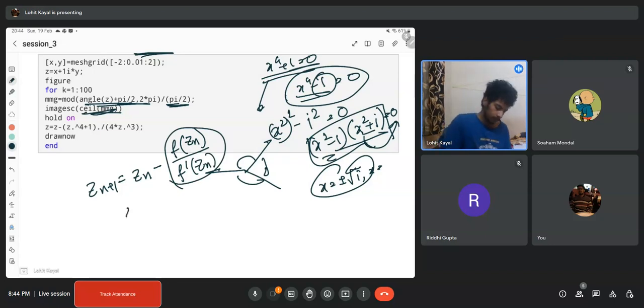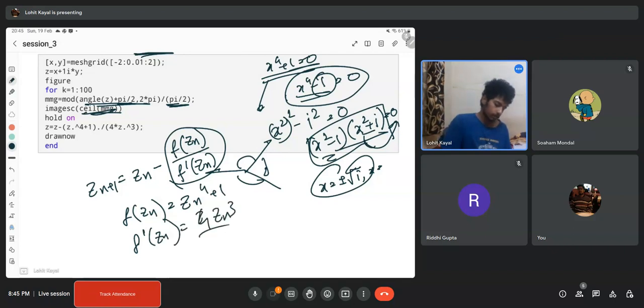So here f of Z n is z to the power 4 minus 1, and f prime of Z n is 4 Z n cube. So I hope that you understand the meaning of this. Here it is using the previous value of z, and here it is updating it, and it is doing it again and again. Okay.